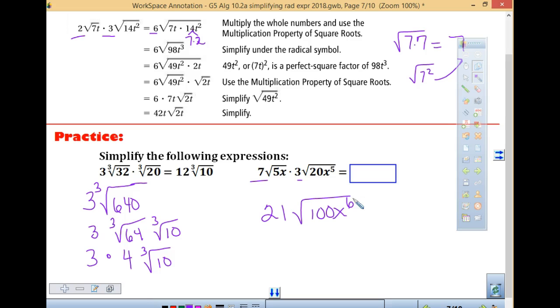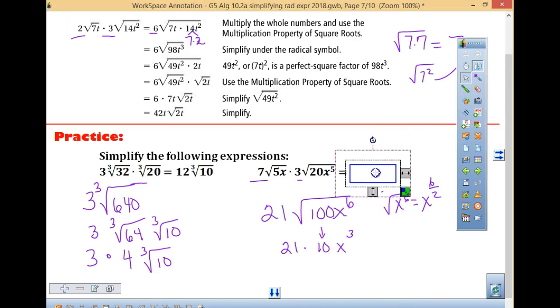This one's even nicer, isn't it? 21 times square root of 100, 10, square root of x to the 6th, x to the 3rd. Remember, when you have this with a variable, this really means x to the 6th divided by our index 2, right? That's how they got that x to the 3rd. So we should be looking at 210 x to the 3rd.